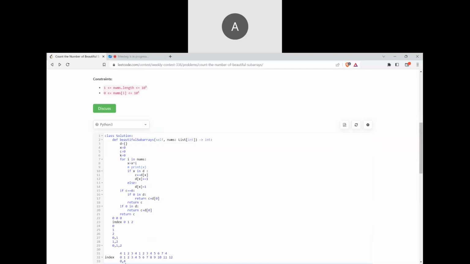So what I have done is I have started iterating through the array, and I have taken a variable x, and I have done XOR with that x for every element.